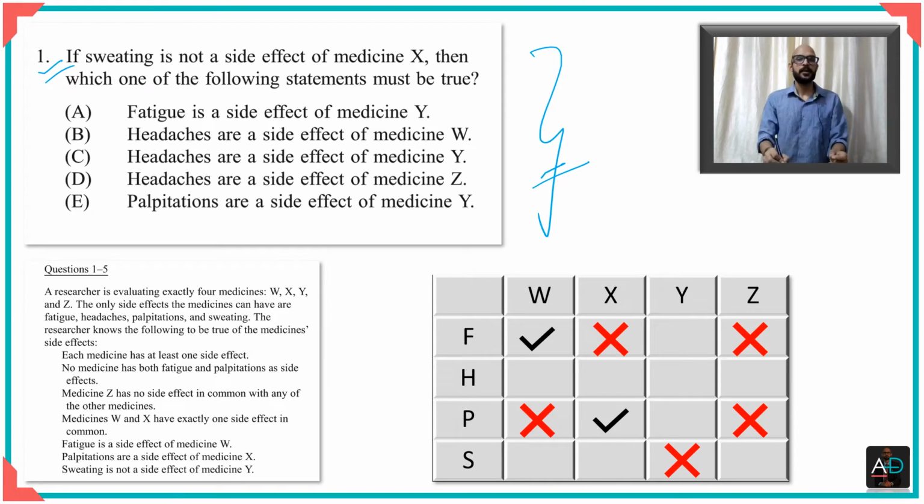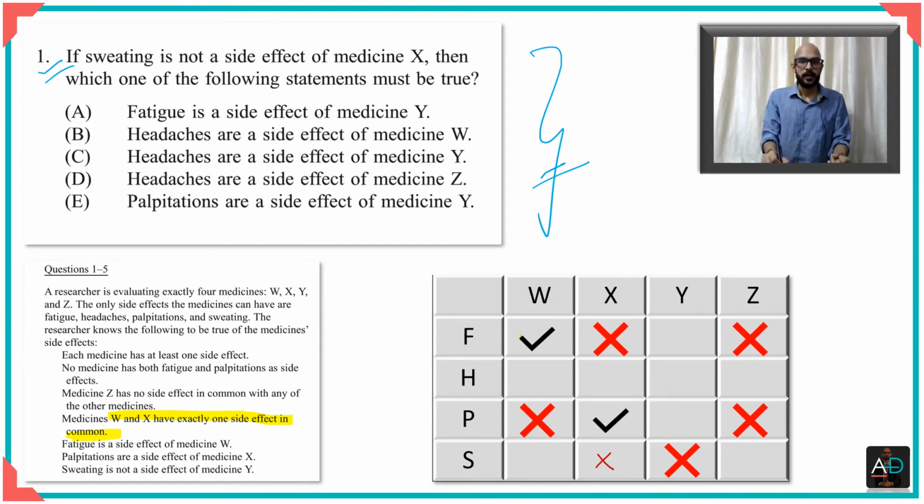It says that sweating is not a side effect of X, which means I put a cross here. Very simple. Now once I put a cross here, what are the things that I can infer thereafter? As you can see, there is a rule that we have here, and the rule is this. The rule is that medicines W and X have exactly one side effect in common.